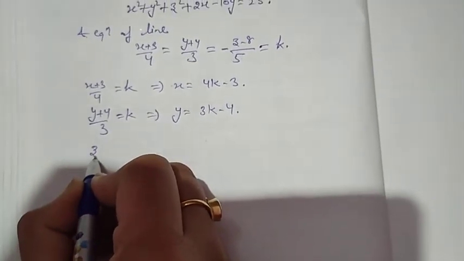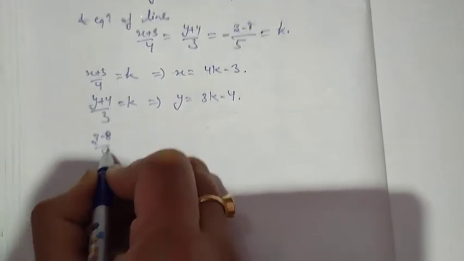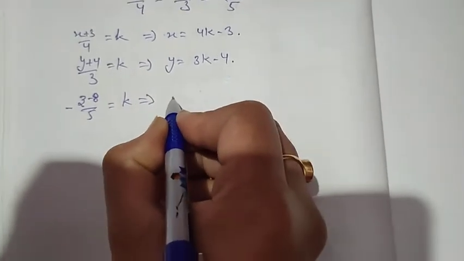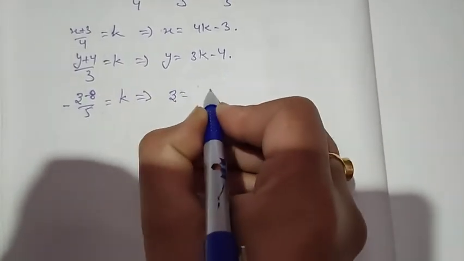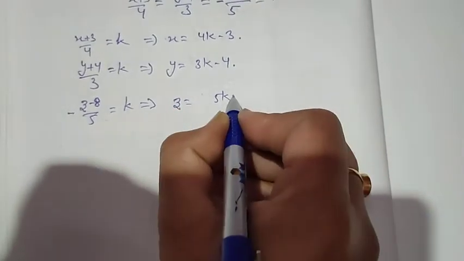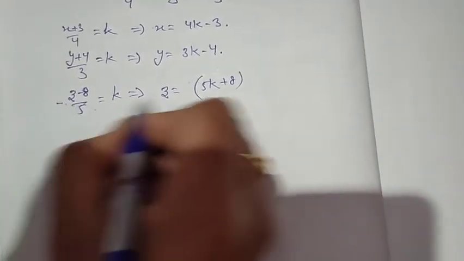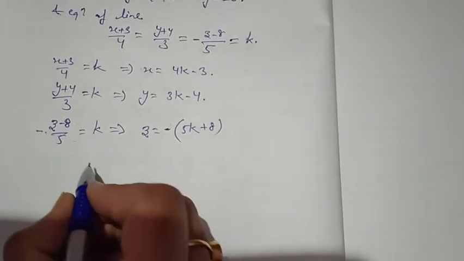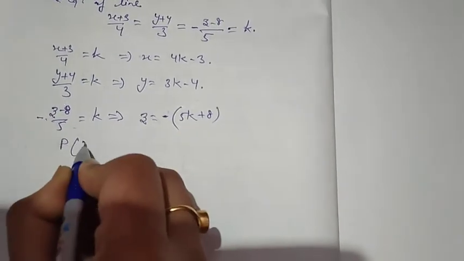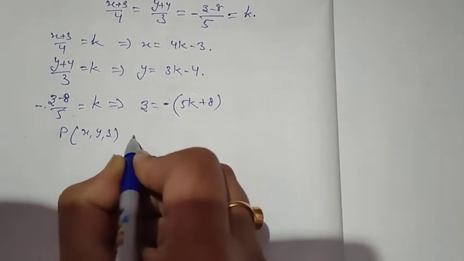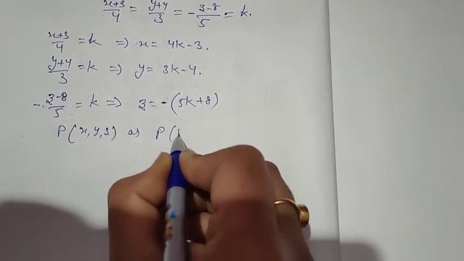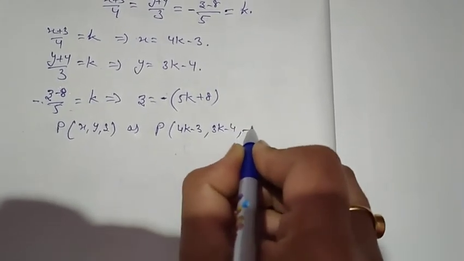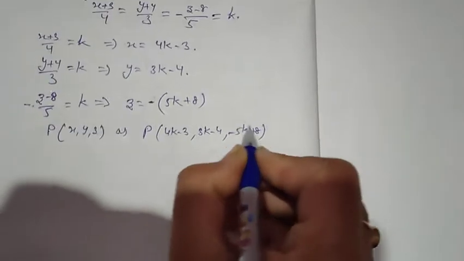Now (z-8)/5 = k, which implies z = 5k + 8. So the point P(x, y, z) is (4k - 3, 3k - 4, 5k + 8).